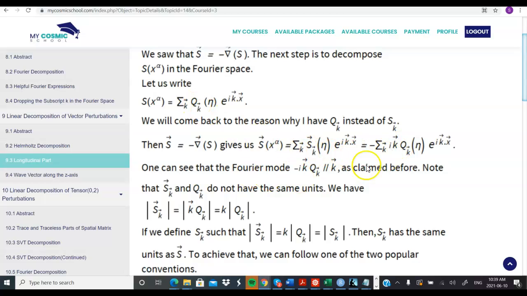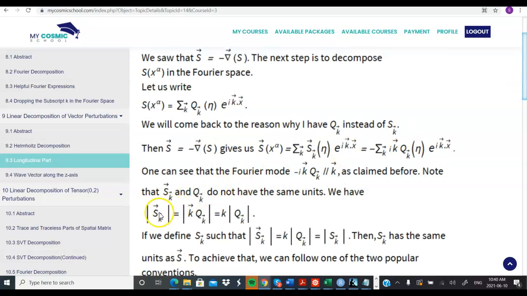Qk and vector sk, simply you can see that vector sk is equal to ikqk, minus ikqk. So the vector sk magnitude is equal to the magnitude of kqk, and qk is a scalar. So I can simply write k times the absolute value of qk. So this is the absolute value of qk. Now you notice that this sk vector has the same unit as this vector s, right?